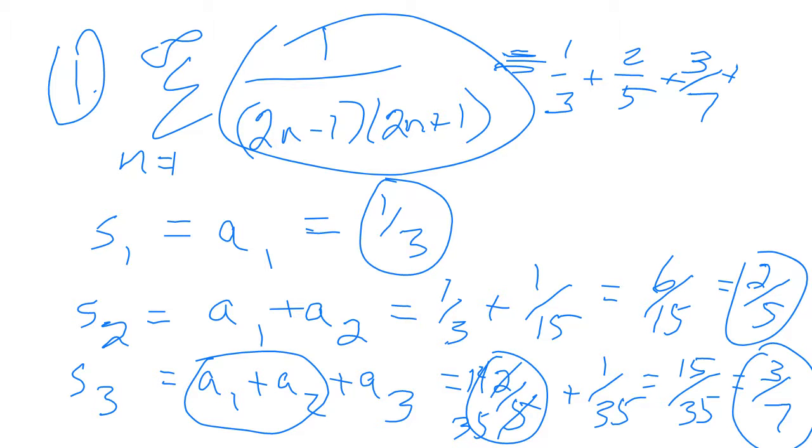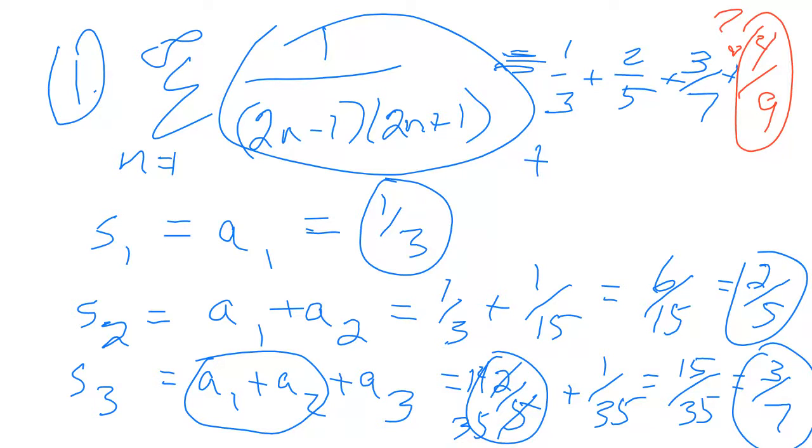It might be 4/9 because we have an arithmetic sequence on top, 1, 2, 3, 4, 5, it increases by 1, and we have an arithmetic sequence on the bottom, it's increasing by 2 each time. So it could be the case that this is 4/9. Okay, could be. So I'm going to put a question mark. I'll let you verify that, but I'm pretty sure it is. Anyway, and then plus dot dot dot.